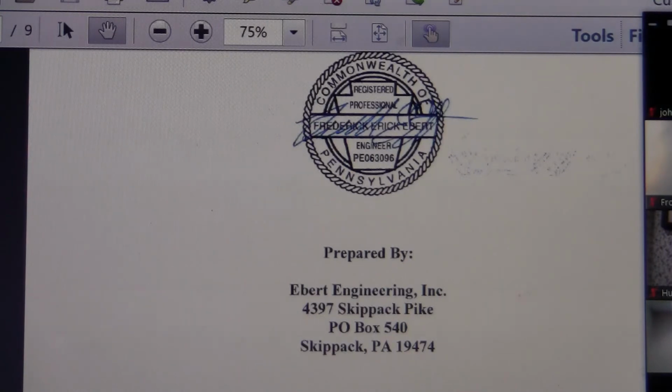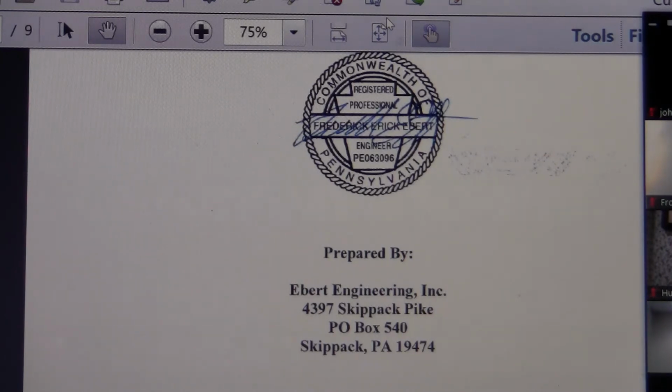There is a community system that we're proposing here, but there is also the option to convey the wastewater to the existing public sanitary sewer service area, where it would be conveyed through a proposed pump station, through an upgraded existing pump station, through an upgraded force main, ultimately to the West Goshen wastewater treatment plant, where Westtown Township is a partner and has purchased approximately 530,000 gallons of capacity at that existing treatment plant.